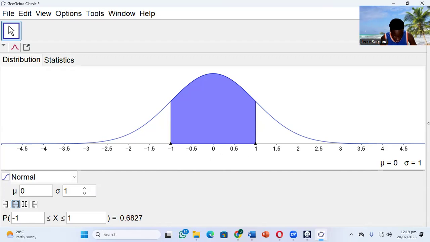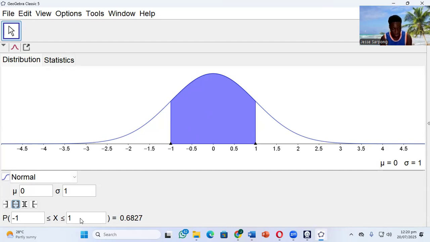And the probability of getting a variable x that lies between -1 and 1 is 0.6827, which is like 68%.